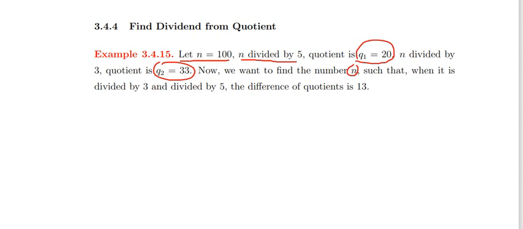Okay, so now we have such a problem. We want to find this n such that when it is divided by 3 and divided by 5, the difference of the quotients is, we do not tell you if they are 20 or 33, we just say that the difference is 13.